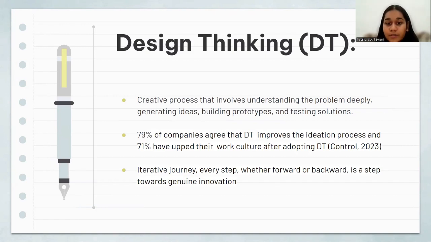As you can see, research suggests that DT, which is design thinking, improves the ideation process of many companies, and their work cultures have also been improved after adopting the design thinking process. Design thinking is a cyclic process, and you can go back and forth at every step. There is no hard and fast linear rule that you have to follow. It is an iterative journey, as you see here.